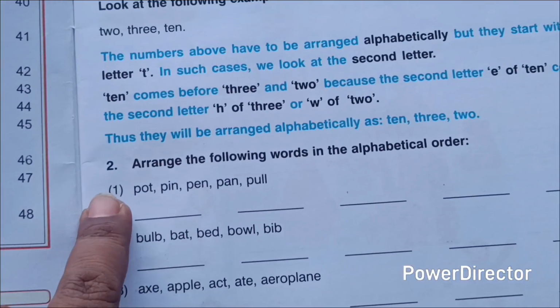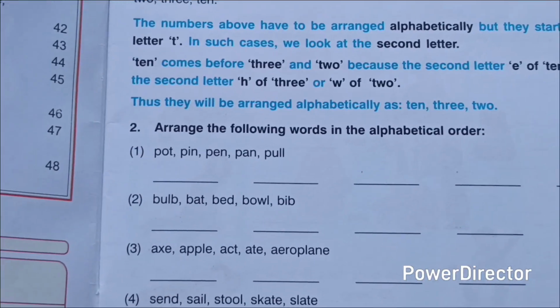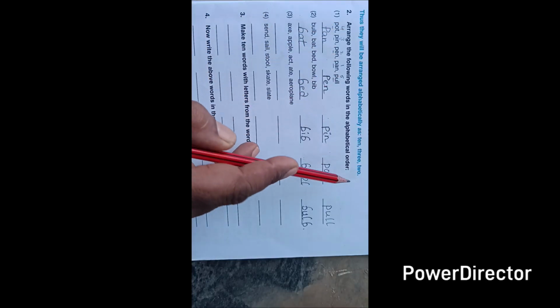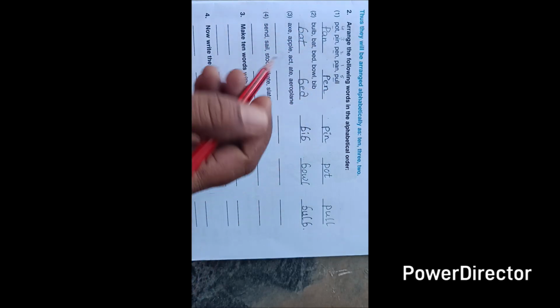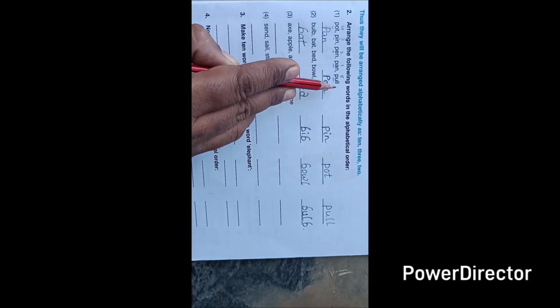Now, let's do one exercise with alphabetical order. Look here, arrange the following words in alphabetical order. They have given five words: pot, pin, pen, pan and pull.